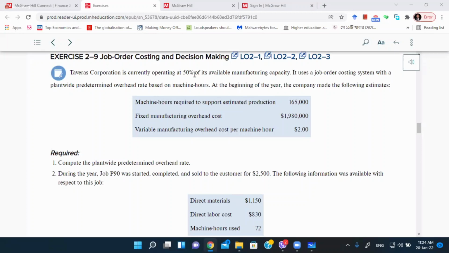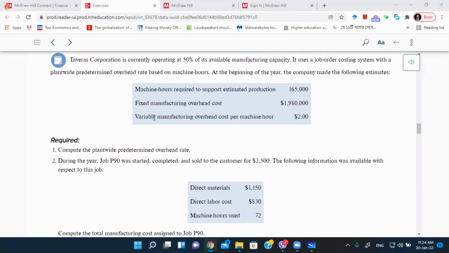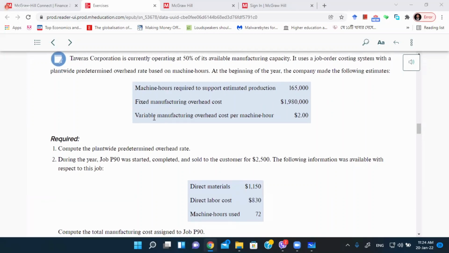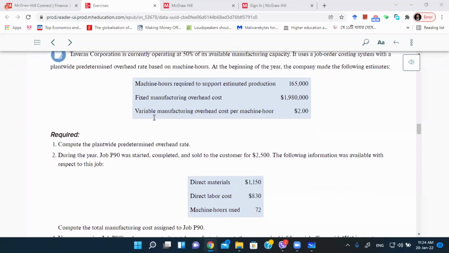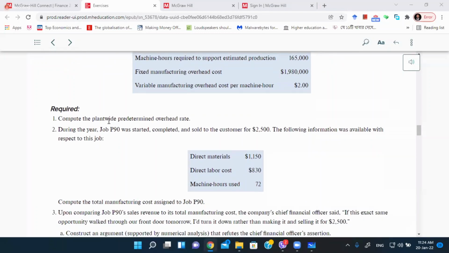Machine hours required to support estimated production, 165,000 machine hours. Fixed manufacturing overhead cost, 1.98 million. Variable manufacturing overhead cost, $2 per machine hour. Then compute the plant-wide predetermined overhead rate.